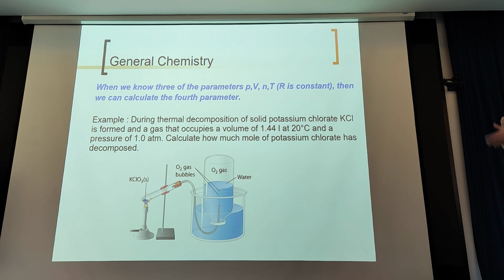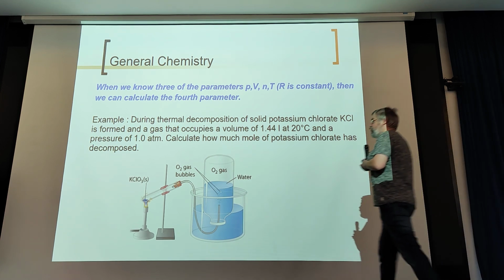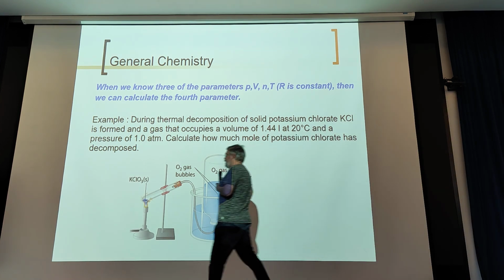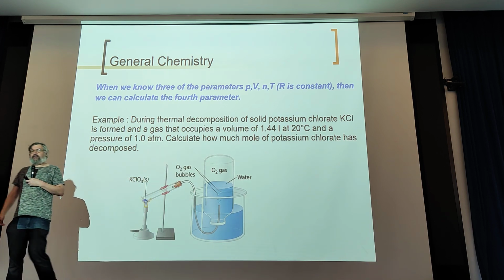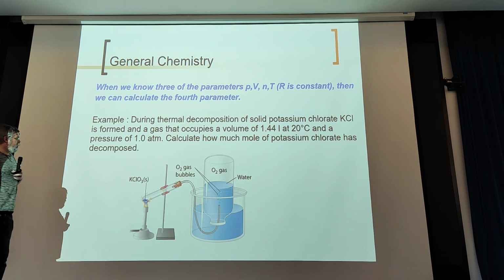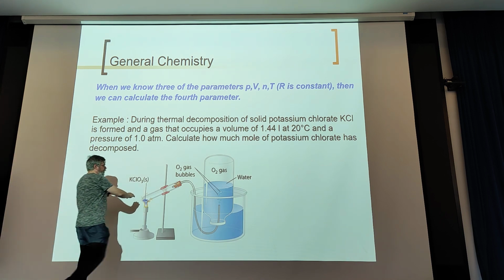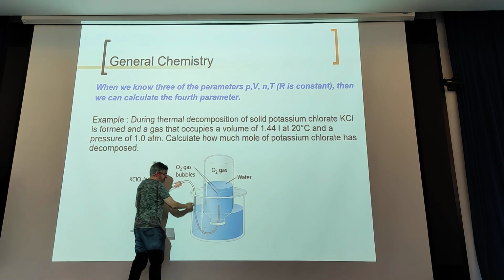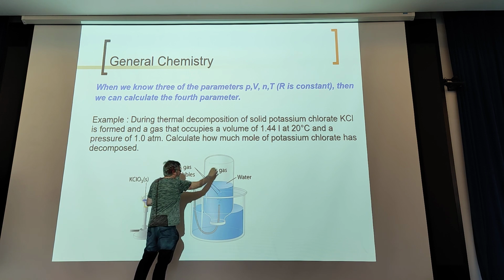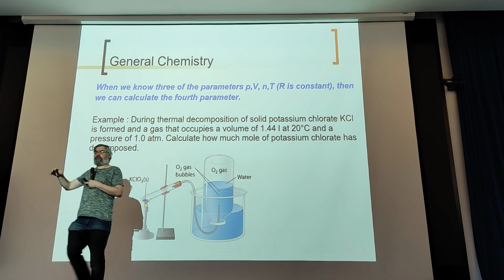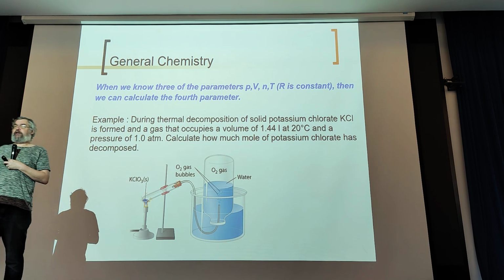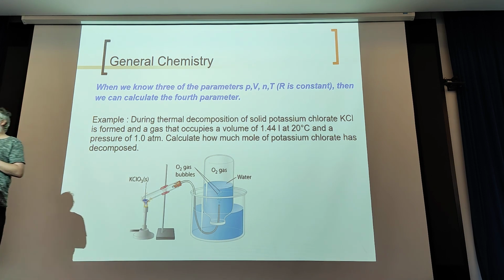And that means you will form a gas coming out of your reaction. And so suppose the potassium chlorate is heated. What stays behind is potassium chloride. So the gas is escaping. And actually you make the gas go out. And here it is taking a volume in this reverse cylinder. And we can actually measure that volume.